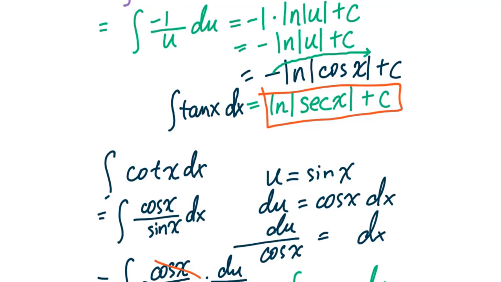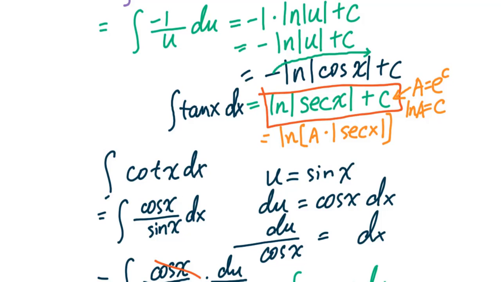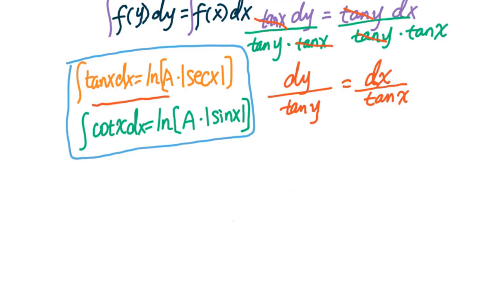For this c, I will do the same thing. a equals e to the c power, and c equals natural log of a. Therefore, you will get the natural log a times absolute value secant x. Now we get these two formulas. If possible, try to remember this.